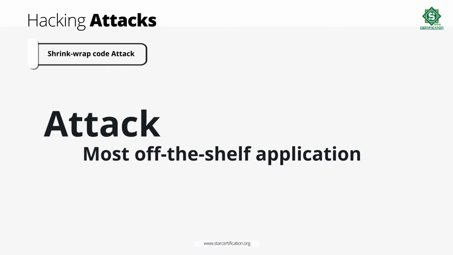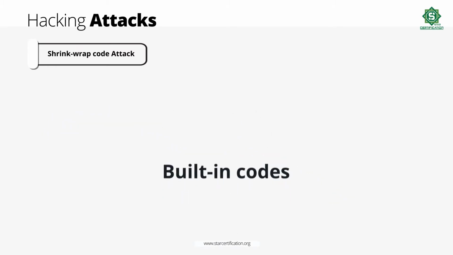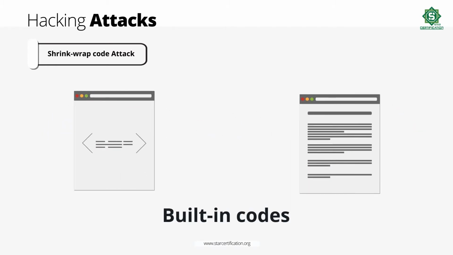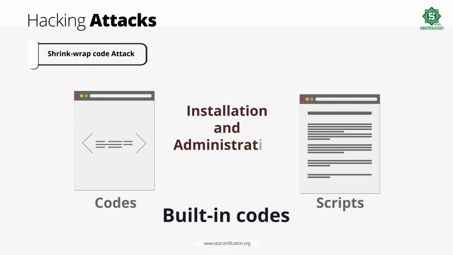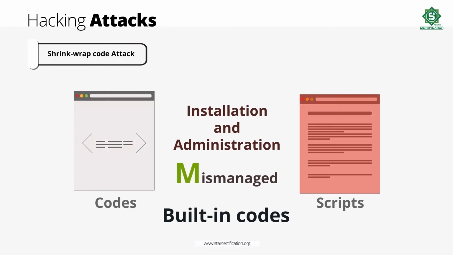Shrink-wrap code attack. This attack takes advantage of most off-the-shelf applications that come with built-in codes and scripts. Usually, these scripts and codes are used for installation and administration. However, if mismanaged, these scripts and codes can lead to critical system vulnerabilities.